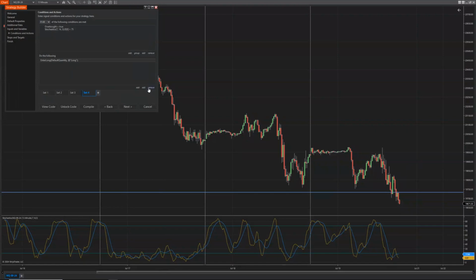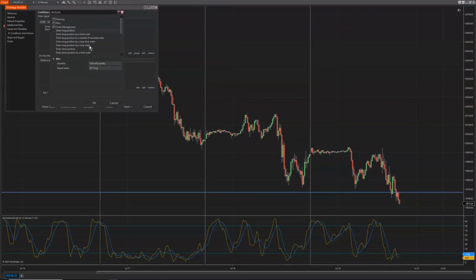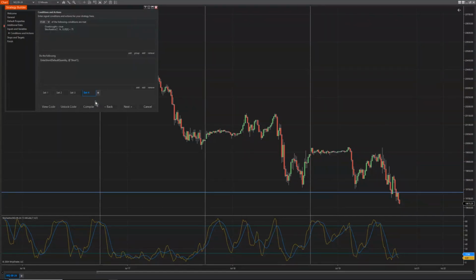And then we're going to enter a short and call it short. And that's it. That's literally making a strategy using 2 keys in a few minutes.